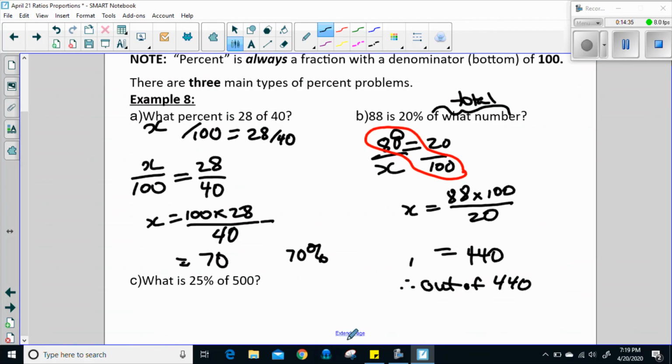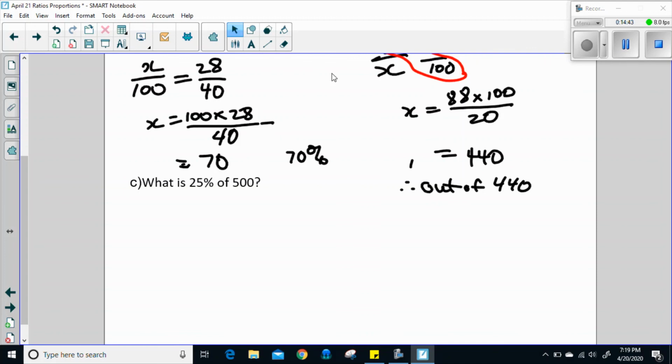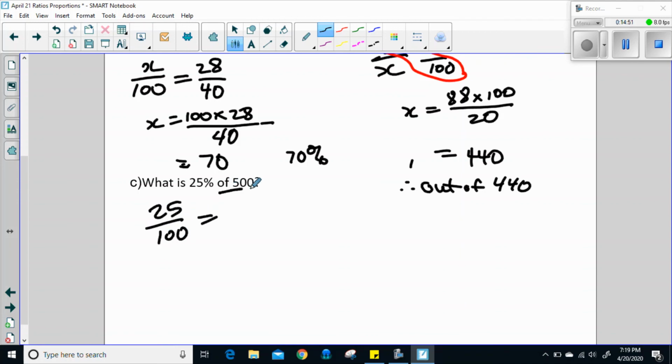All right, third version, last but not least, we've got what is 25% of 500. All right, we can do this. What is 25%? So 25% of, so that of means our total. So my total is down here, which means what am I looking for? Well, I'm looking for the part. I know the total is 500.